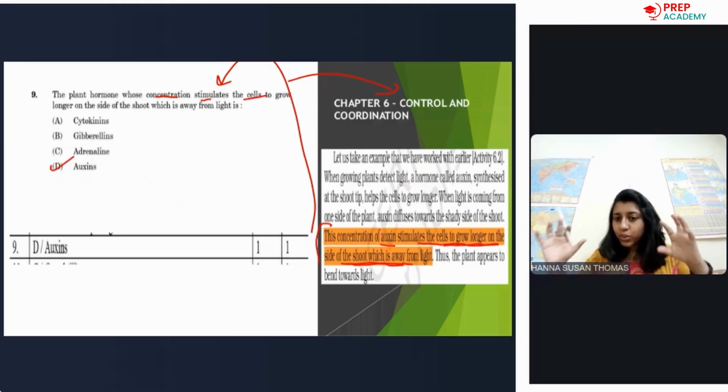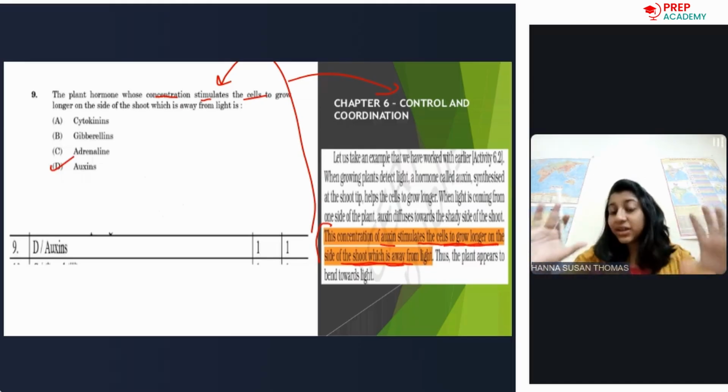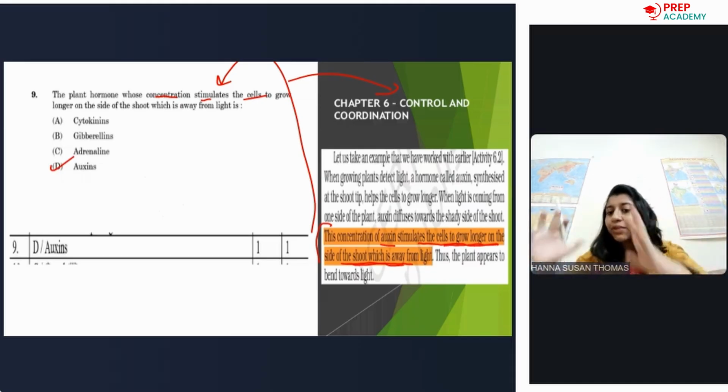So this question is an example of a literal, direct statement that has been taken from your textbook. So it's very important for you to read and revise your textbook thoroughly.